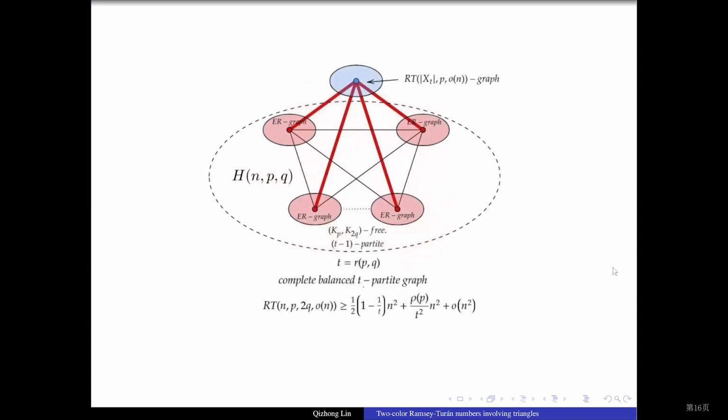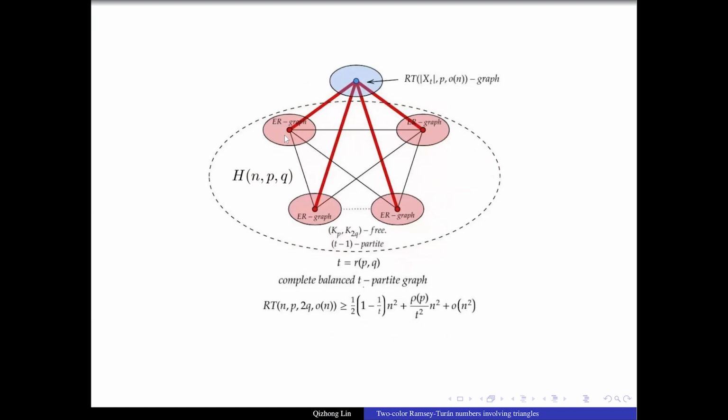For the even case, it seems a little different. We first have a balanced complete (p)(q)-partite graph, and then we embed a blue extremal graph for the Ramsey-Turán number involving Kp in the last class, and embed a red Erdős graph into all the other classes.